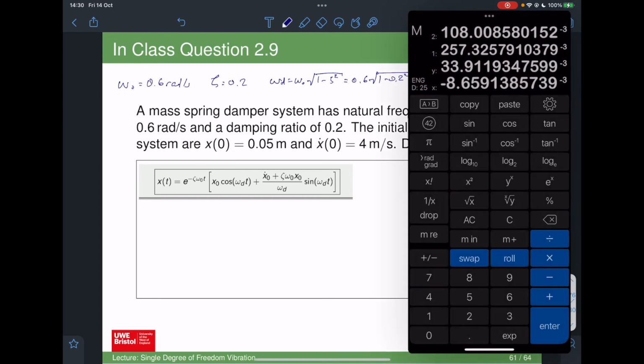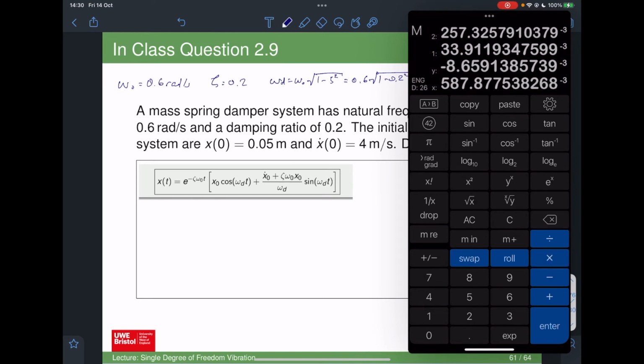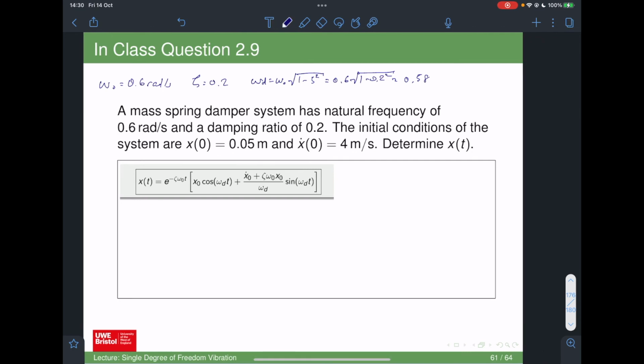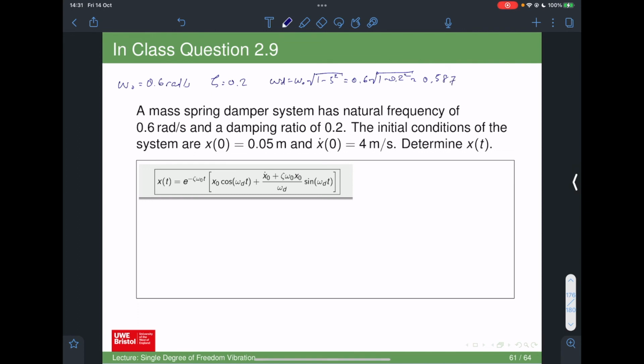What's that going to be? 0.5879. Okay, and everything else we know.